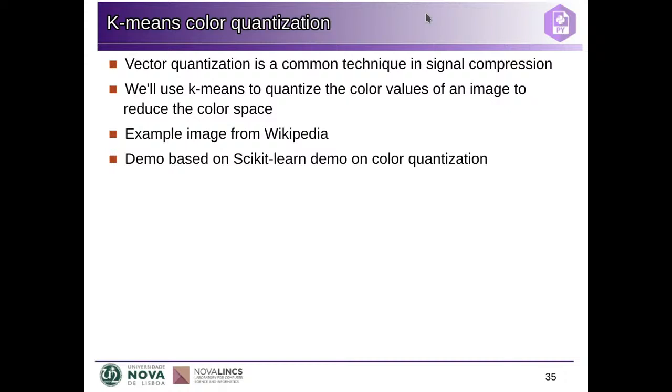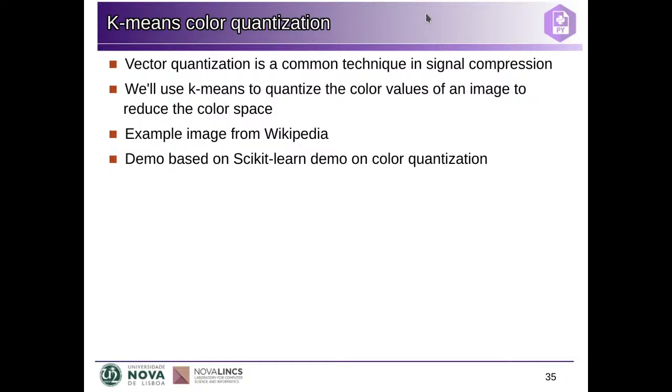Quantization is the process of converting continuous values into a set of discrete ranges or discrete categories for those values. This is something that you can use for signal compression, for lowering the amount of information you need to represent something. And we're going to use k-means to do vector quantization on the color values of an image.